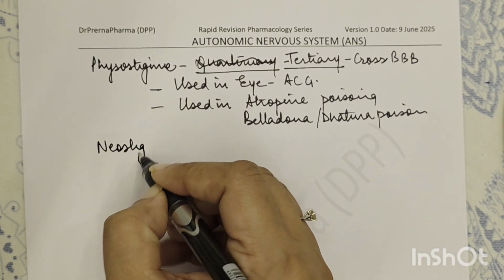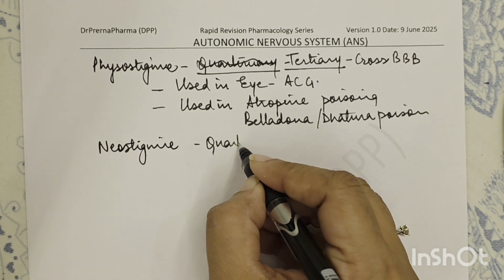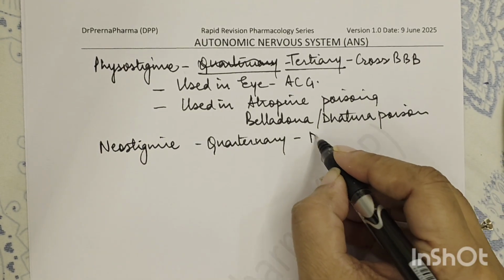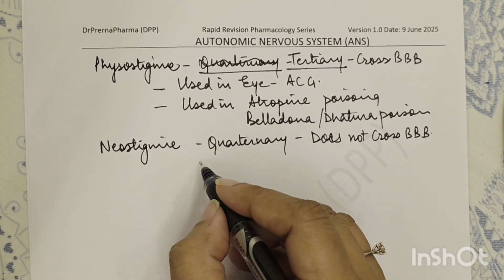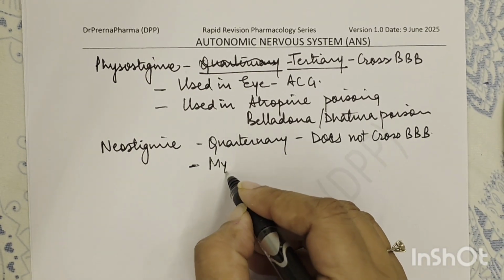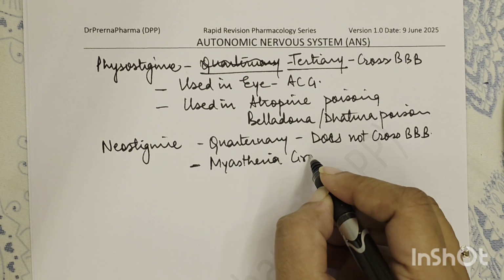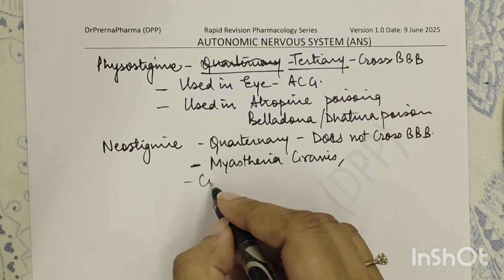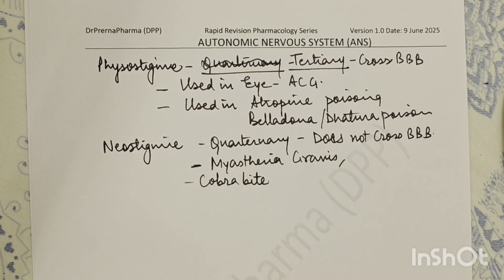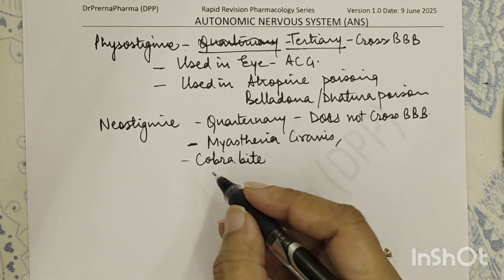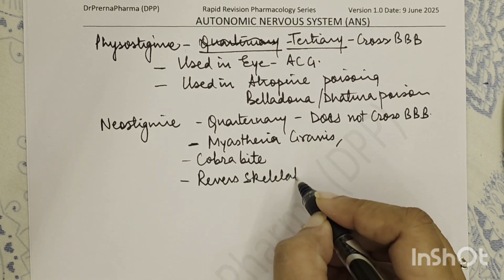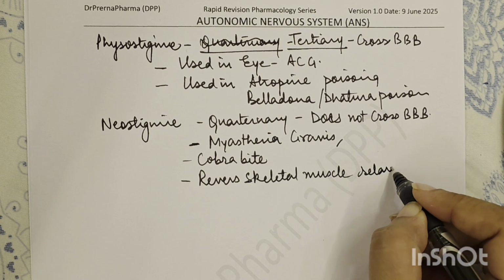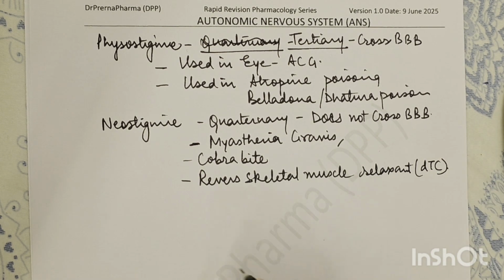Then neostigmine: this is a quaternary amine, so it does not cross the blood-brain barrier. Neostigmine is basically used in myasthenia gravis. It is used in cobra bite treatment, because cobra venom consists of a toxin which causes muscle paralysis, and it is used to reverse the skeletal muscle relaxant D-tubercularic.